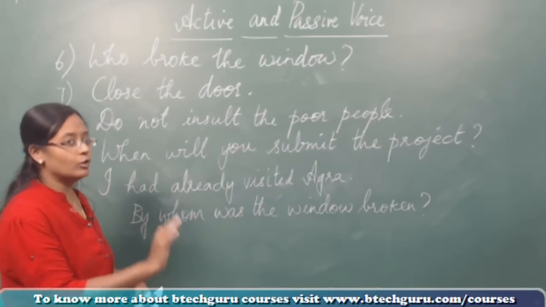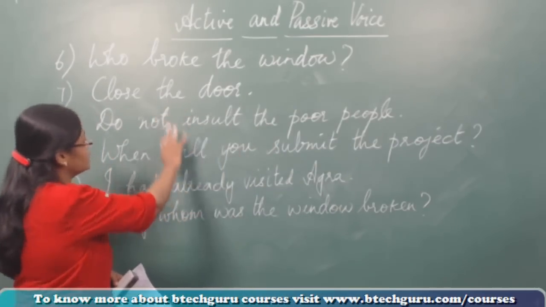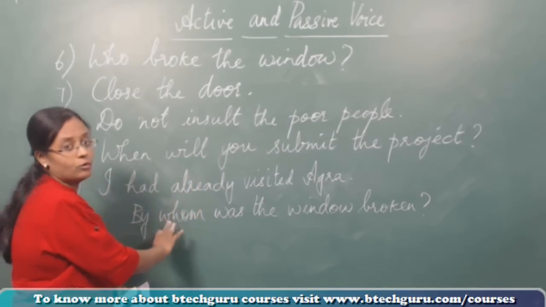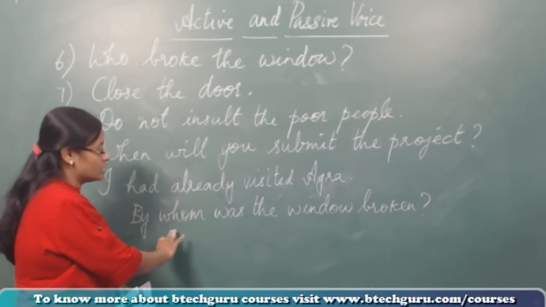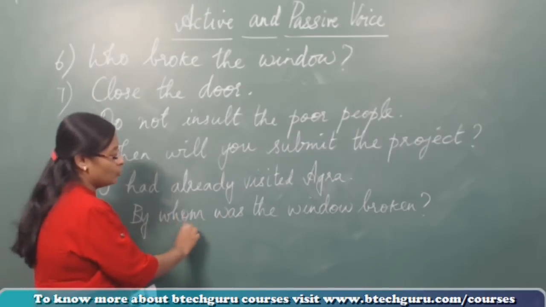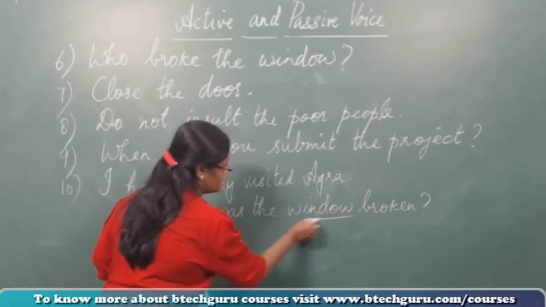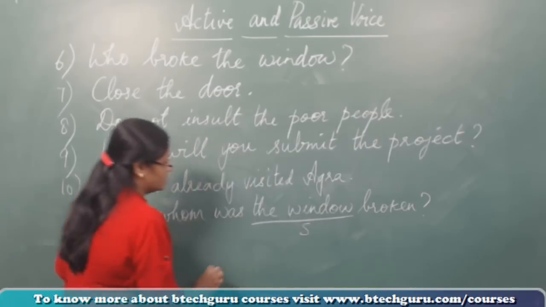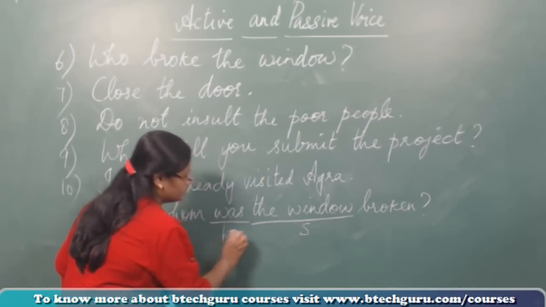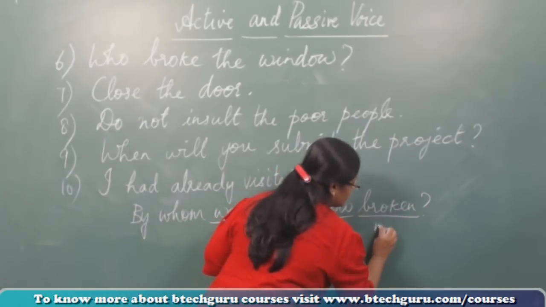Please listen carefully, all of you. Just stop thinking about the answers for the other questions. Now, for the moment, you just look at the board. By whom was the window broken? This is the subject. This is the helping verb. This is the main verb.